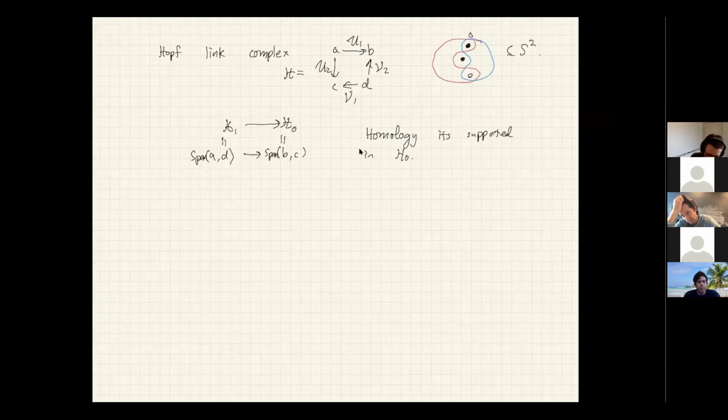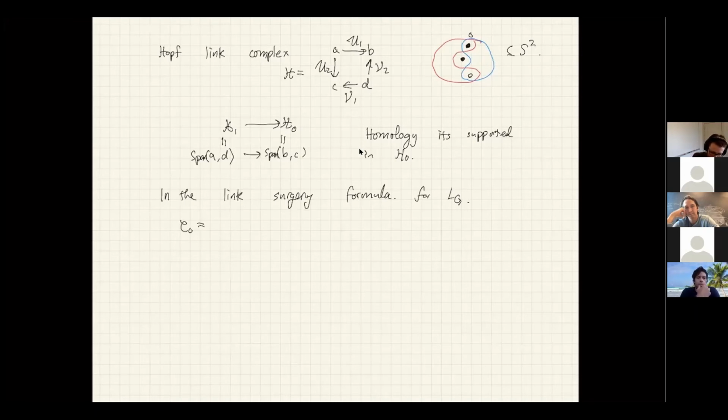So the Hopf link complex looks like this. And in particular, the homology is supported in H0. And so what you can do is look at the link surgery formula, C0, let's say for L_G, which is a connected sum of Hopf links.